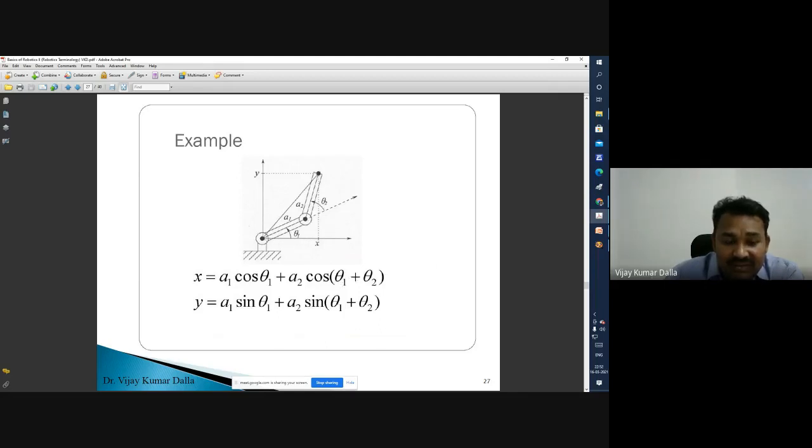Our purpose is to measure from the x-axis. Theta 1 is from the x-axis, but theta 2 is not from the x-axis. It is from the axis of link 1. That's why we have added theta 1 plus theta 2. Similarly, one can get the end effector position in the y direction.